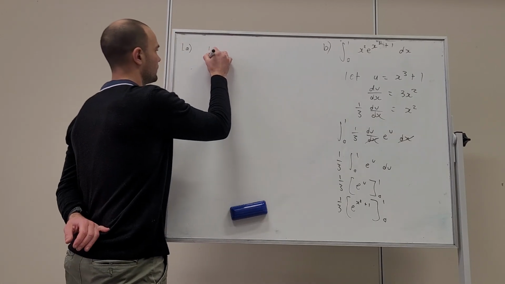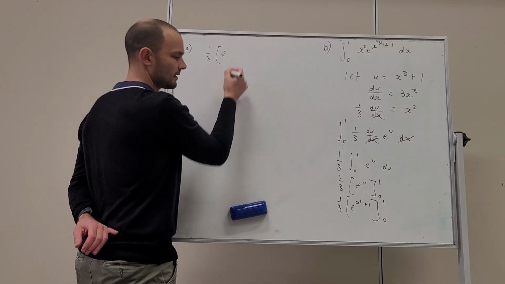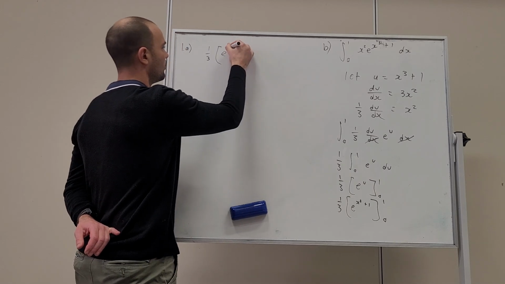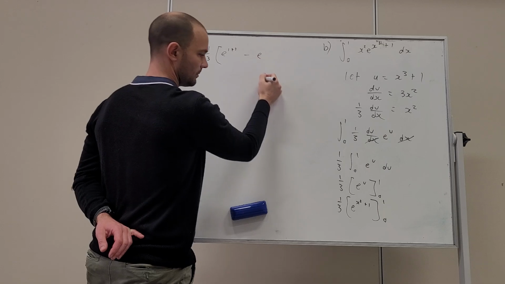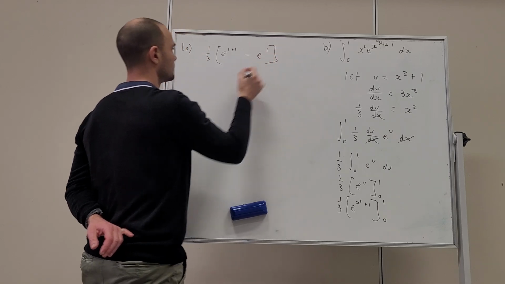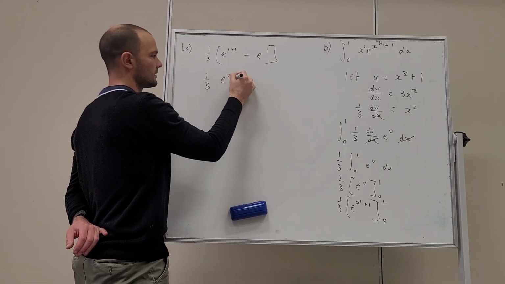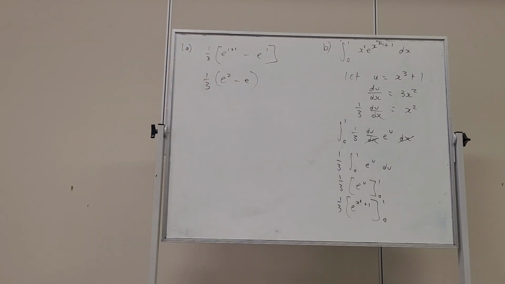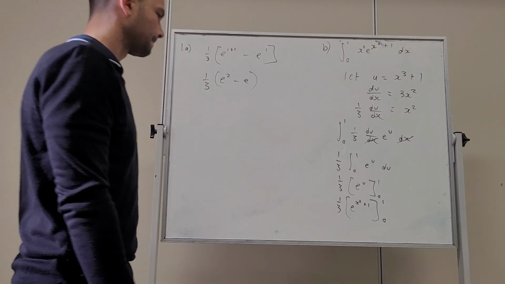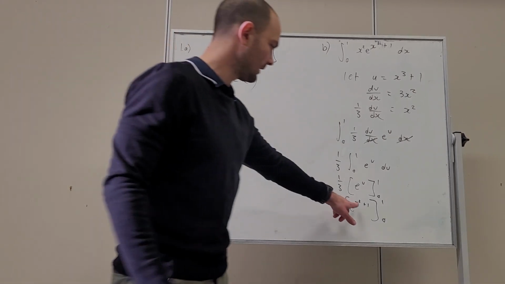So we'll have a third e to the power of 1 plus 1, take e to the power of 1. So we're left with a third e squared take e. Isn't that a third e squared take 1? Oh wait, no, because it's to the power of 0 plus 1. Yeah, so that's e to the 1. Good.